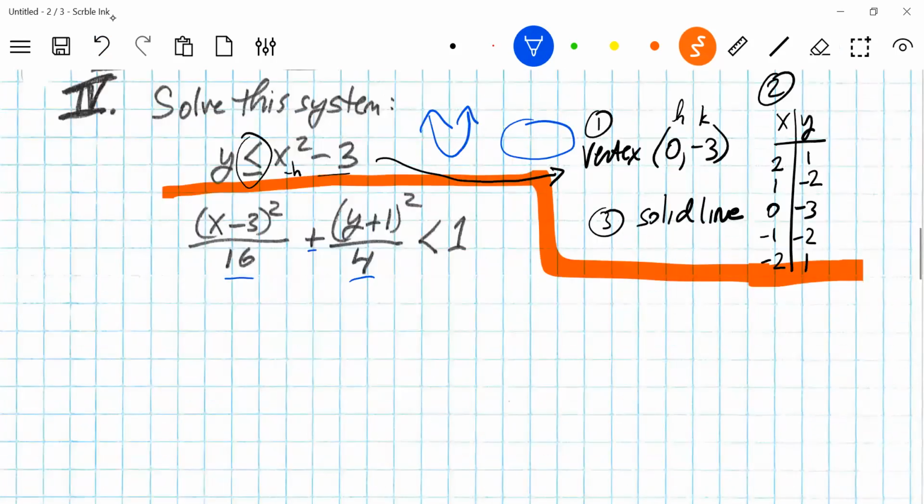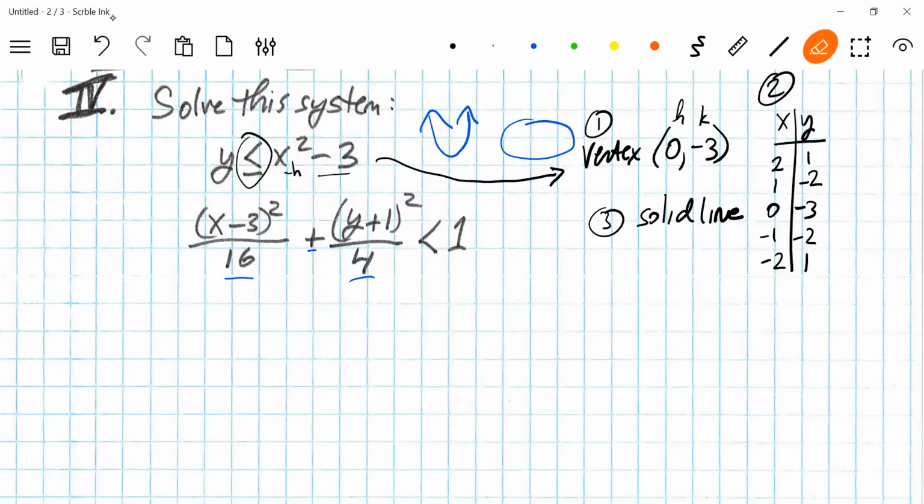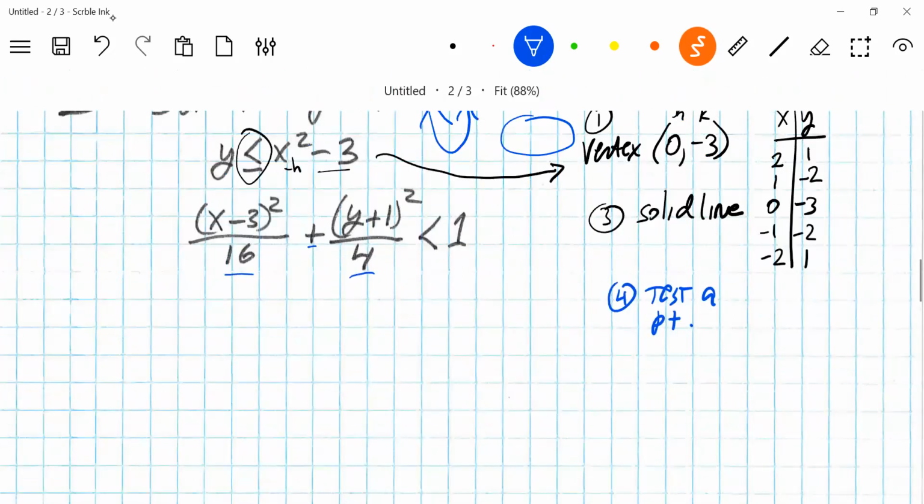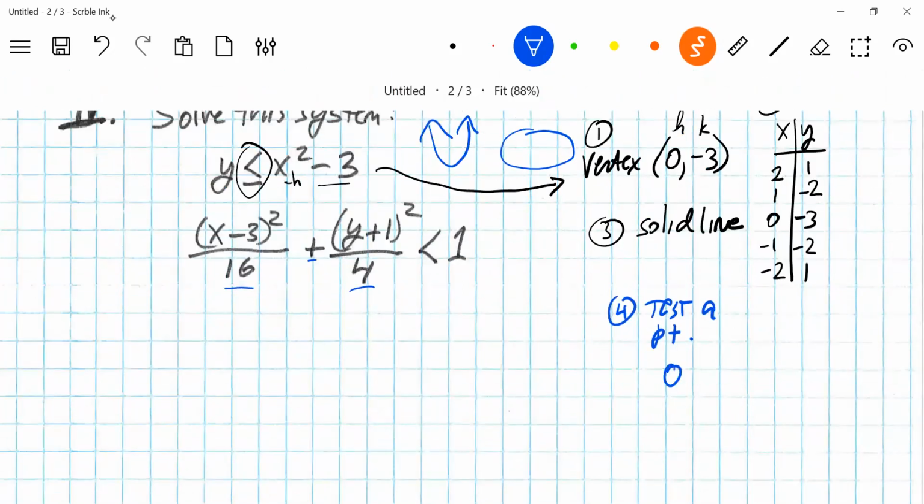Now, I should not have done this quite so quickly, because then the fourth thing you need to do is test the point. Okay. Now, when I look at this, I see that 0, 0 is inside it very clearly, and that's always the easiest one to use. 0 for the y, less than or equal to 0 squared minus 3.